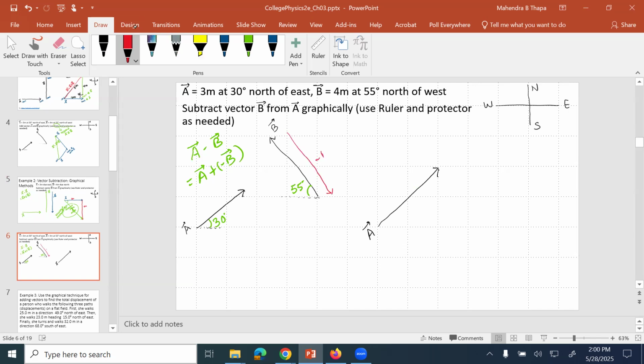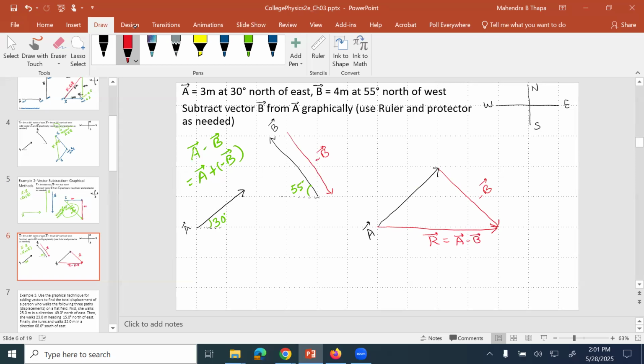Look at here. So I have to start the negative vector B from the head end of vector A. So you have to draw exactly the same negative B vector. So if you join the tail of vector A and the head of negative vector B, this gives you the resultant. We call it R. So R is basically A minus B.